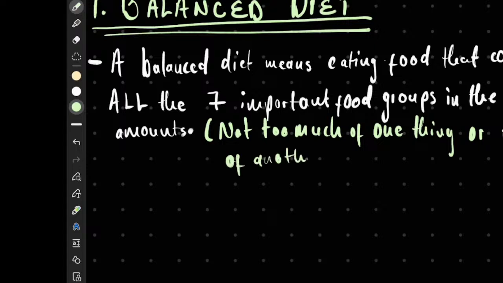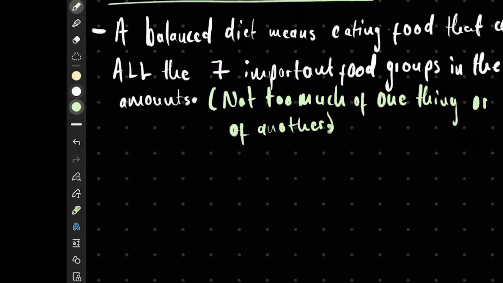We don't want too much of anything or too little of anything. So we need all the 7, and we need them in their correct amounts. If you manage to do that, then we're going to shake hands with you and say you have just had a balanced diet. Make sure you know all the 7 food groups in their correct amounts.